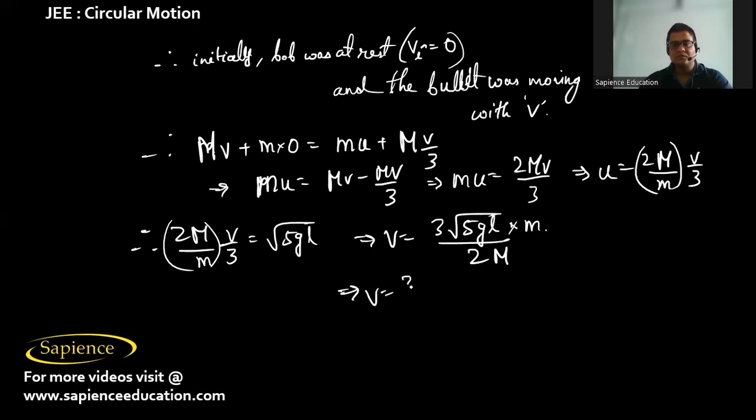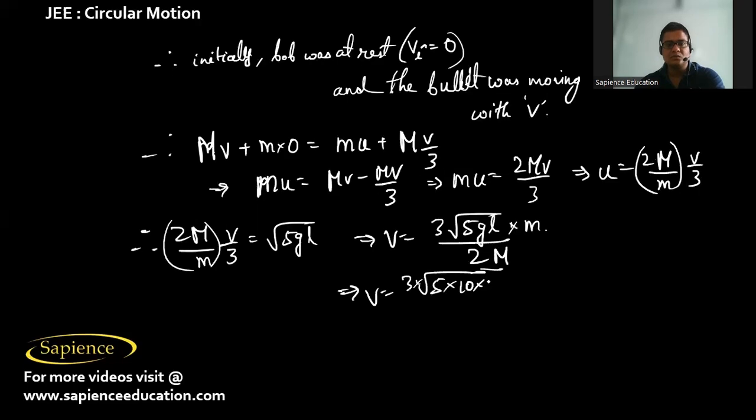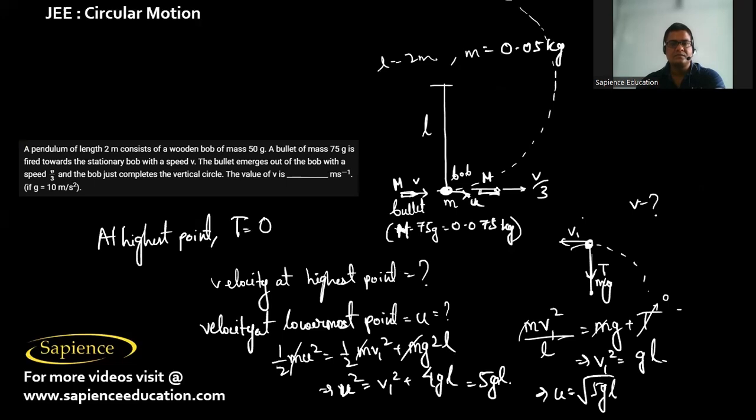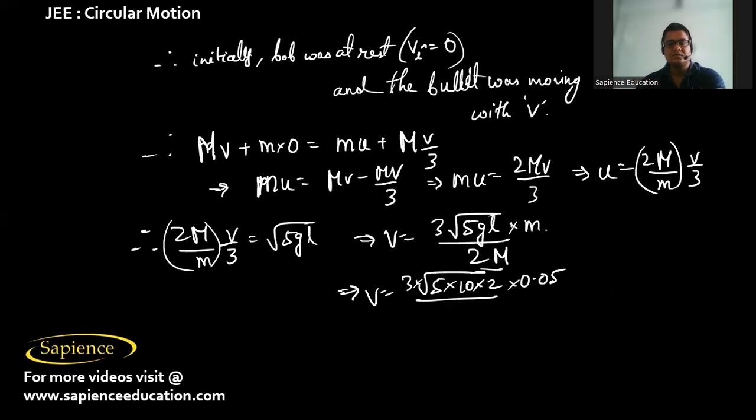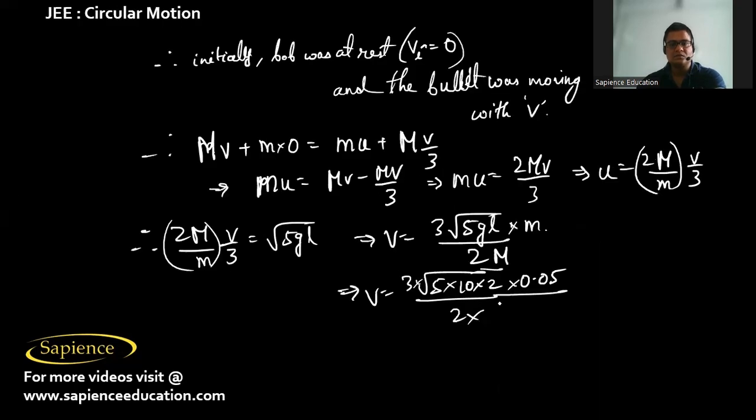So v will be equal to 3 into root of 5 into g, where g is 10, into L, the length of the pendulum, that is 2 meters, into the mass of the bob, that is 0.05 kg, divided by 2 into M. M is the mass of the bullet, that is 0.075 kg.